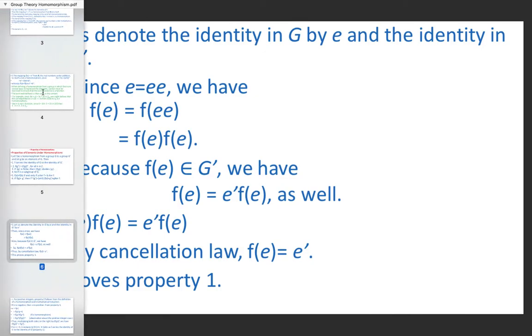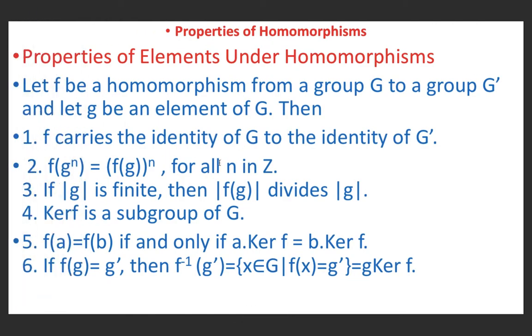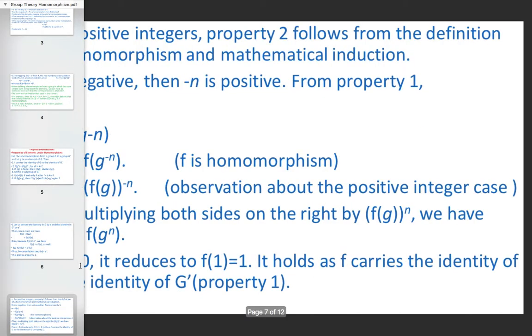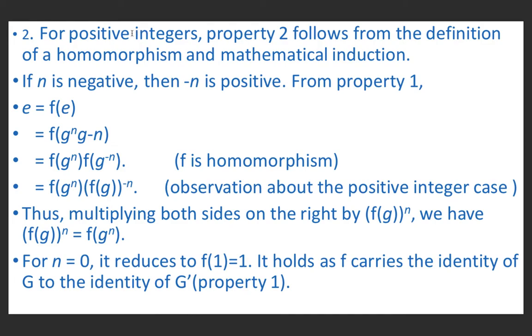Now the second property is that f(g^n) is equal to f(g)^n for all n in Z. For positive integers, property 2 follows from the definition of a homomorphism and mathematical induction.